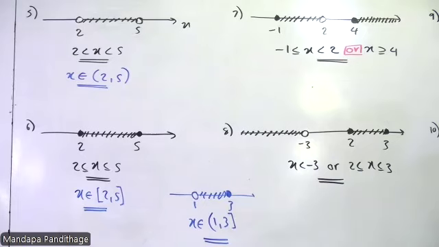I'm writing 4 set notations: 2, 4 in the normal bracket, then square bracket 2 and 4, then the mixed one, the normal bracket and the square bracket, and the last one is 2 and 4 in the curly bracket. Okay, 4 notations. So here, what is this?